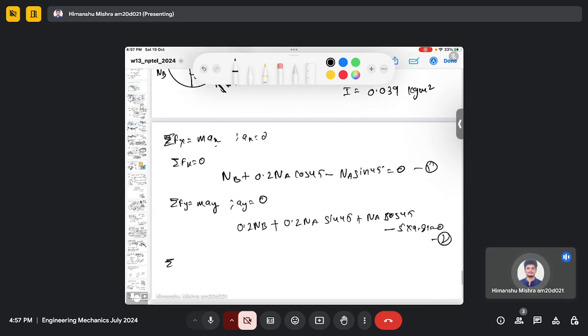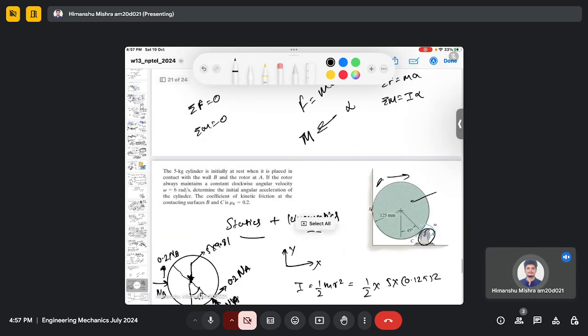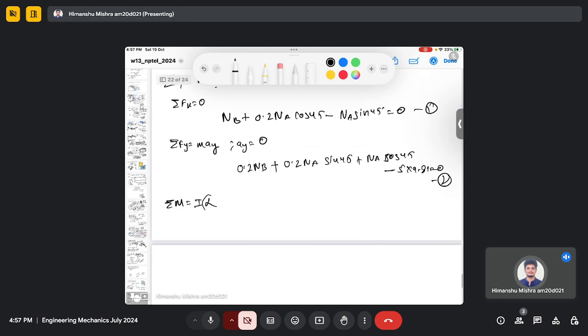And then you can write down the equation for moment balance, which is equal to I alpha. And we have been given that alpha is non-zero, and we need to determine the angular acceleration, so we need to determine alpha.